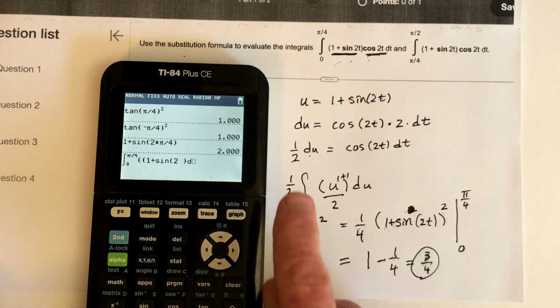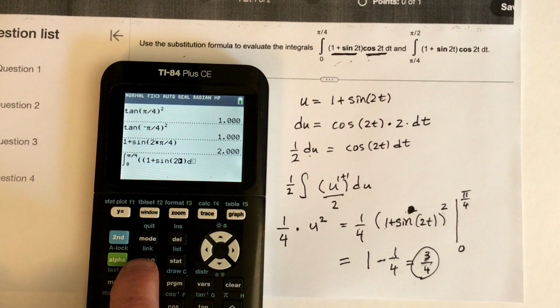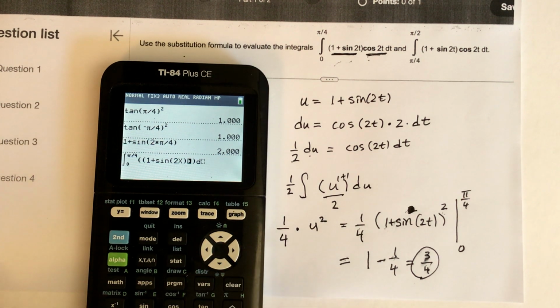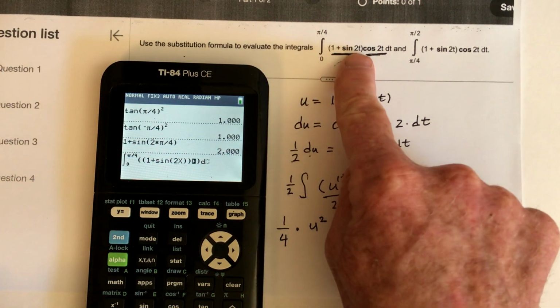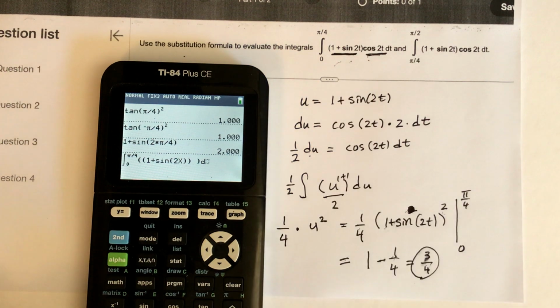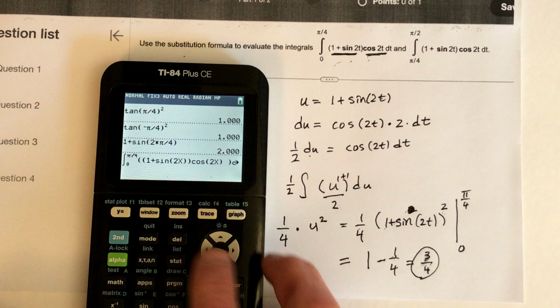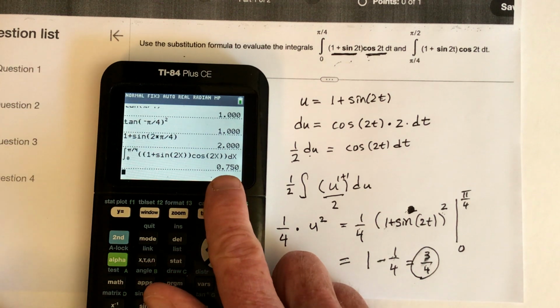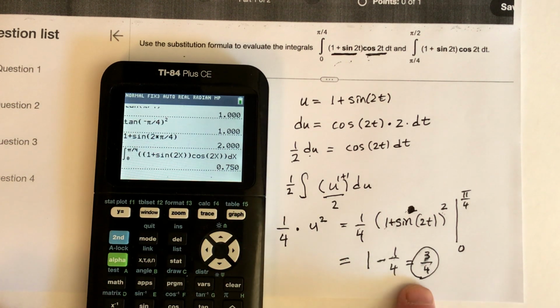You could use t on the calculator if you want to, but it's easier to just use x right here. And then I need also a parenthesis. So that's that parenthesis right there. And then times cosine of 2x. And then tell it that it's dx. And it says the answer is 0.75, which is the same as 3/4.